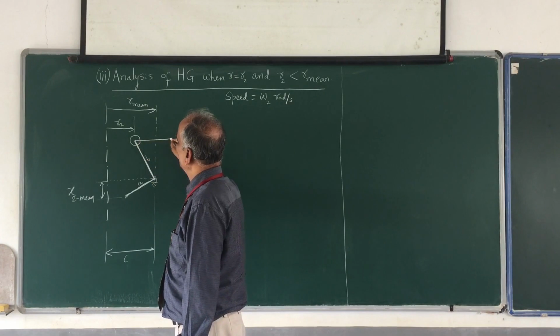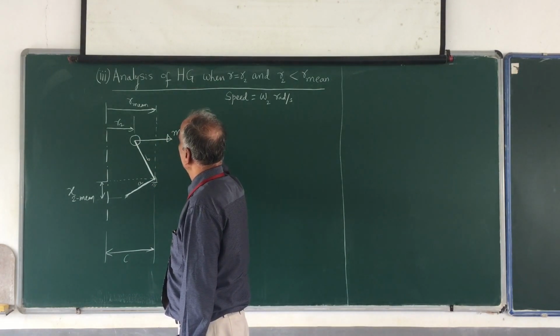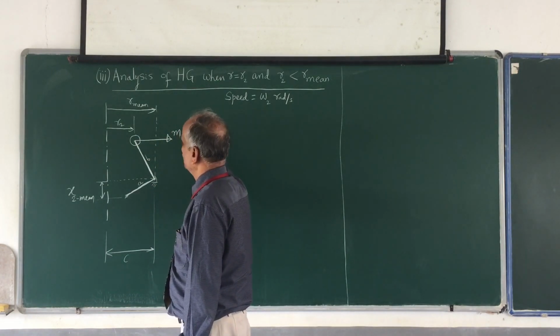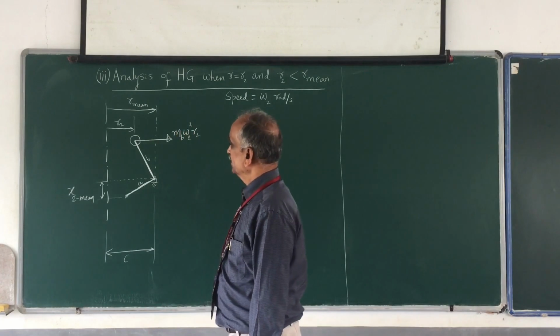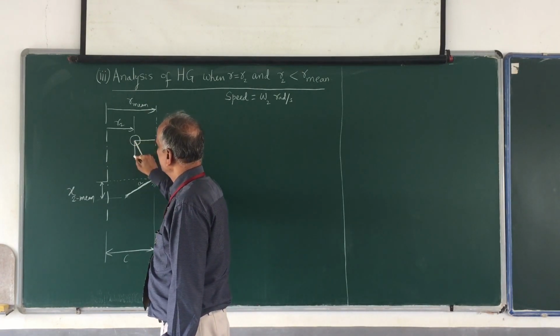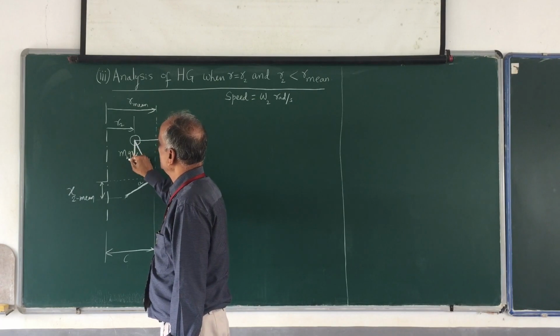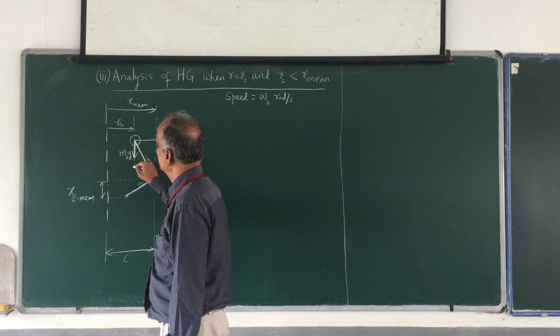The centrifugal force is MB into omega 2 squared multiplied by R2. And the weight of the ball, MB into g, will be acting like this.